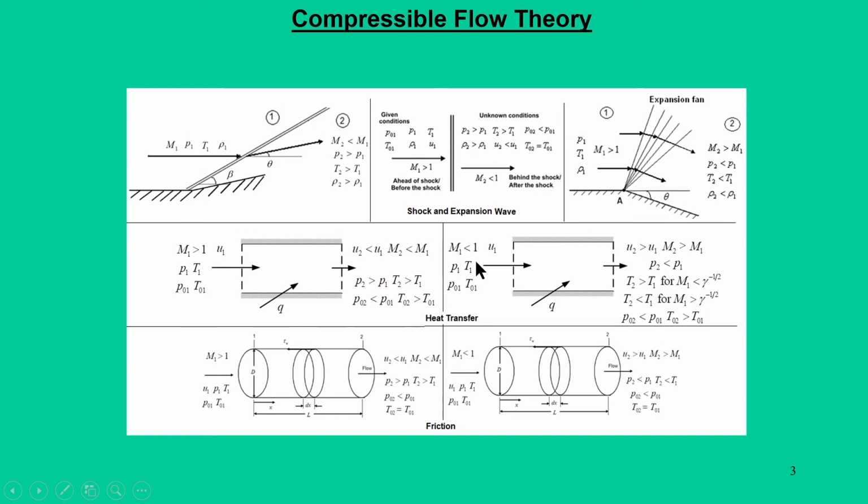Similarly, when the flow is subsonic, a different condition is achieved. So, this is about heat addition. Under this, we discussed the Rayleigh curve that governs the direction of the consequence of heat addition and heat rejection for the compressible flow.